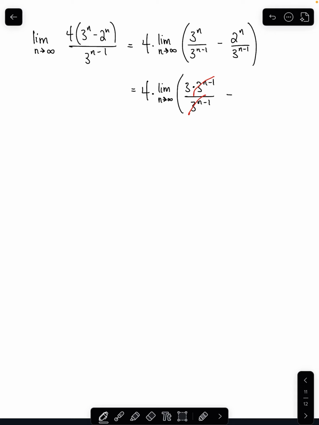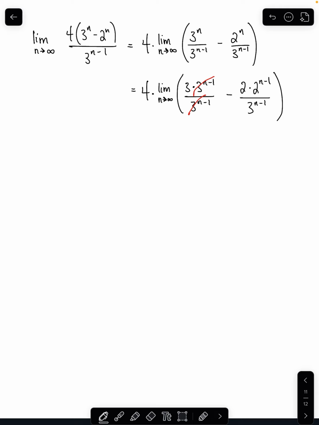Now, we can do something similar in the second term, in the sense that if we recognize that the exponent in the numerator will always be 1 greater than the exponent in the denominator, we can write this as 2 times 2 to the n minus 1 over 3 to the n minus 1.